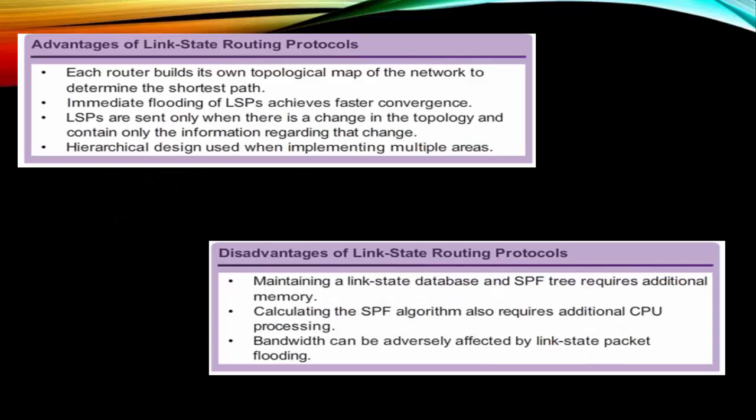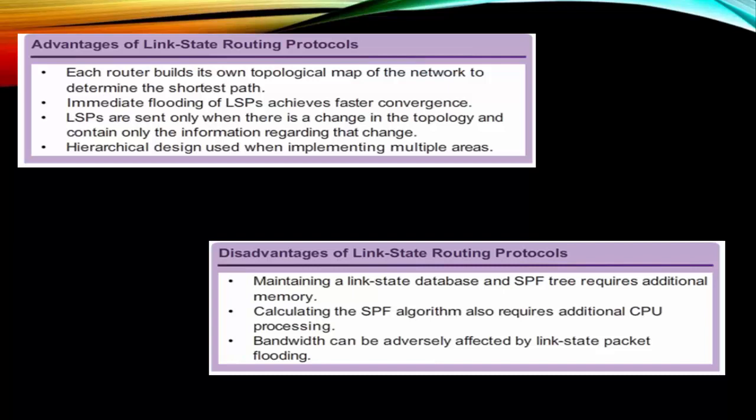There are advantages and disadvantages of link state routing. Advantages: each router has its own topological map of the network, and it can determine the shortest path without other routers sending information.